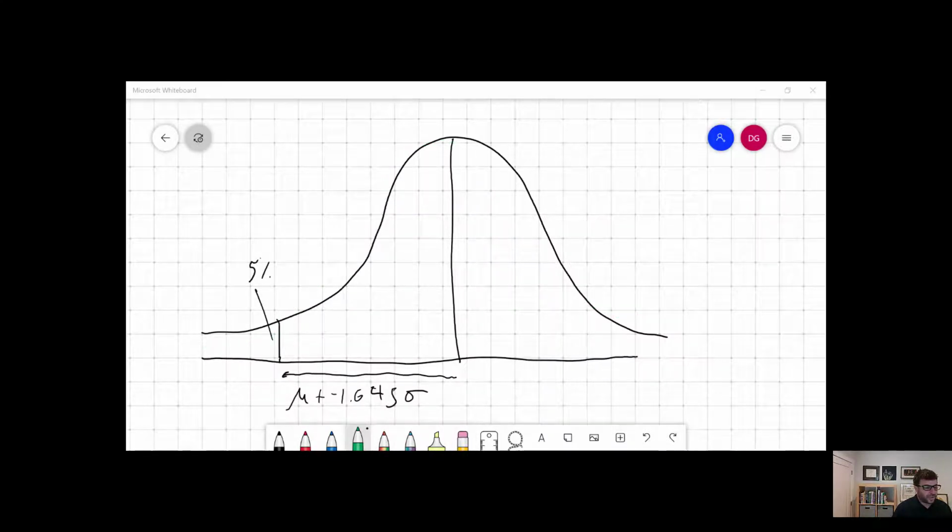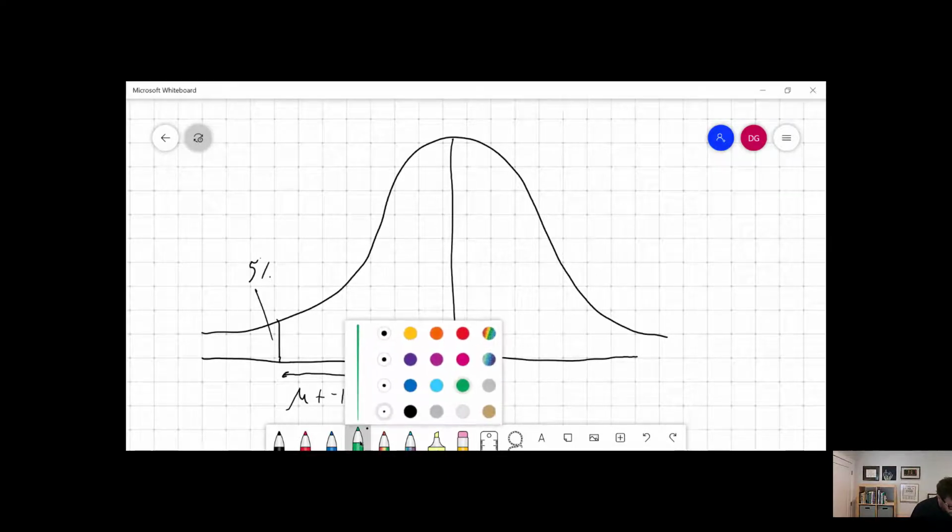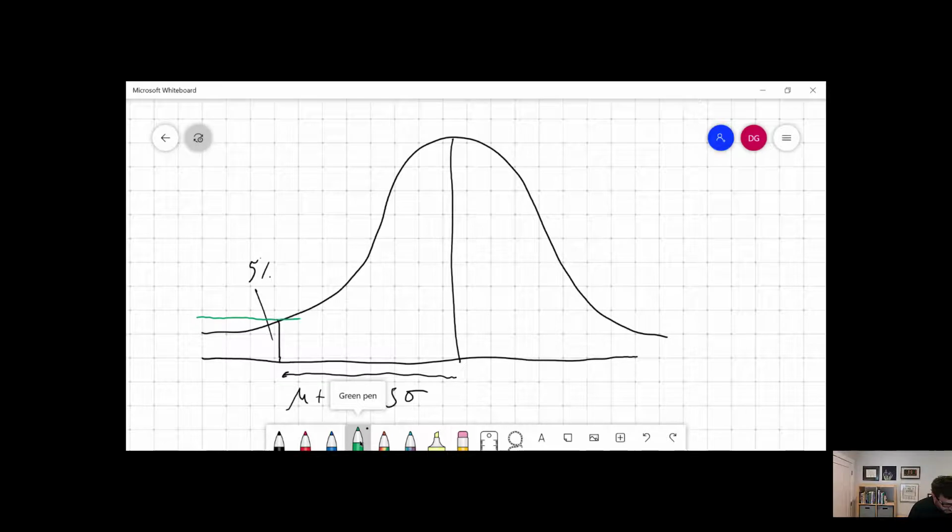The next thing we'll look at is kurtosis. And I want to look at first positive kurtosis. If I have positive kurtosis, then I'm going to be a little fatter here. I'm going to be a little thinner through here, and fatter through here.